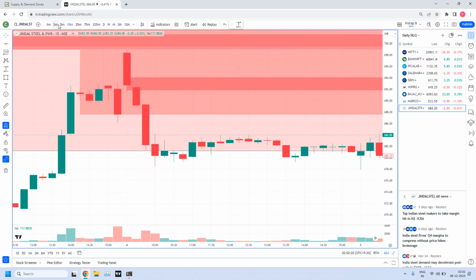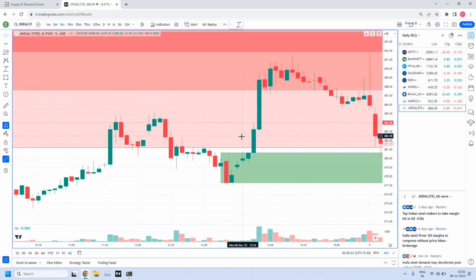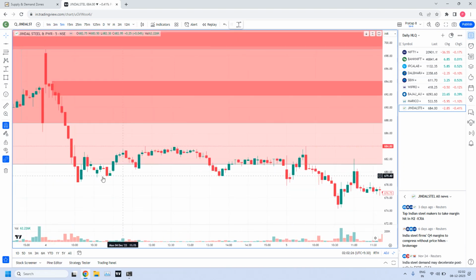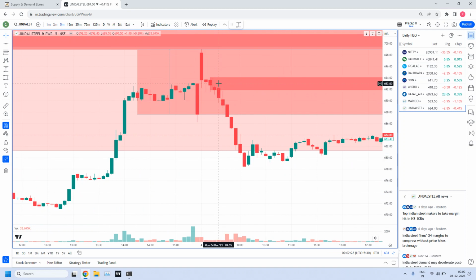Let me go to the 5-minute zone. So here we identified we have a drop candle, we have 3 base candles, again a drop candle. You may feel this drop is not very convincing because you are comparing it with the previous very big candle.